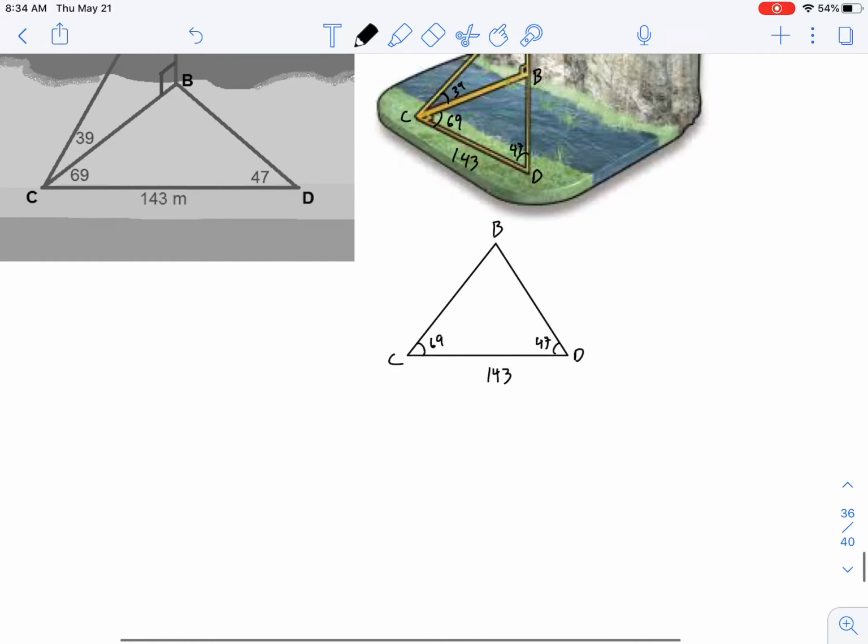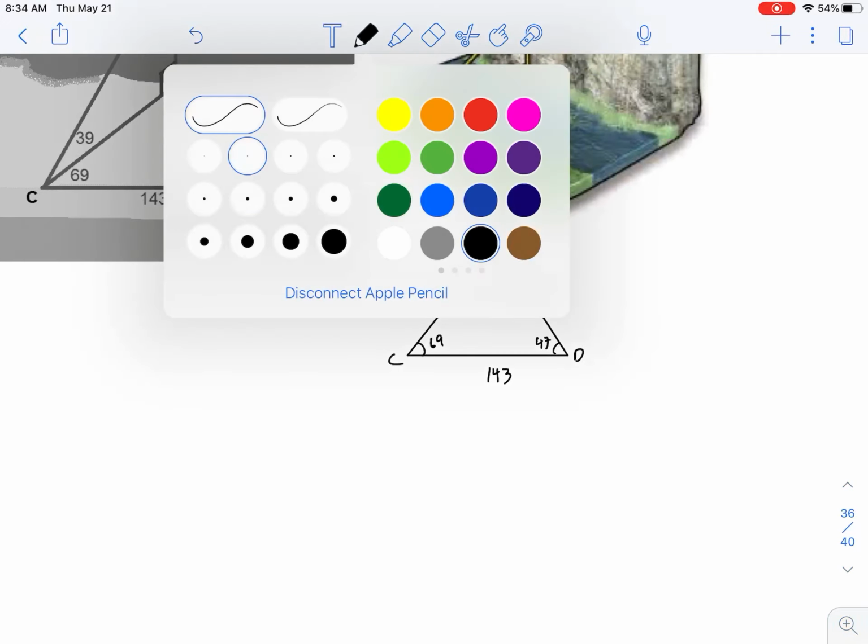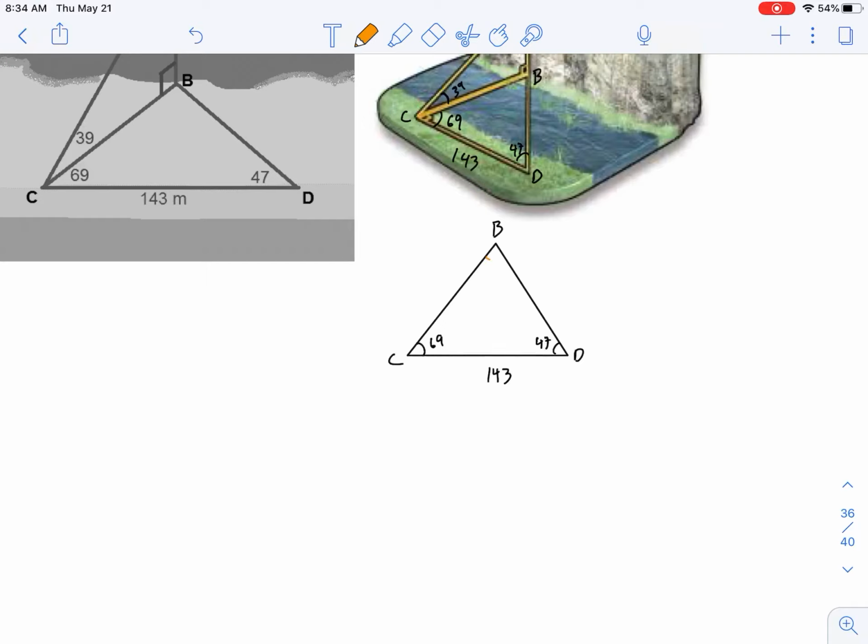We want a complete ratio, so I'm going to solve for angle B up here at the top. Angle B is going to be 180 degrees minus 69 minus 47, and we've got 64 degrees there.